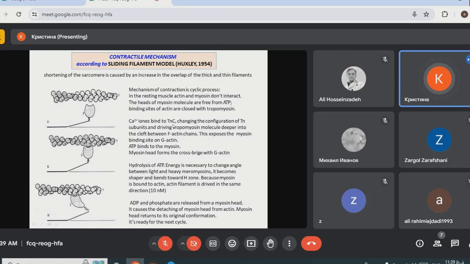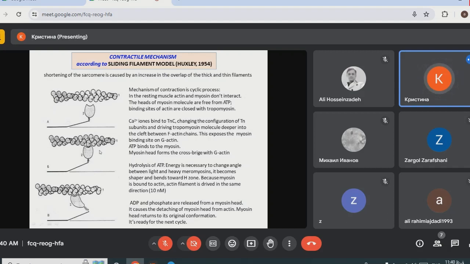Calcium ions will bind to troponin C. It changes the configuration of troponin subunits, and the tropomyosin molecule releases the actin binding site which binds to myosin, and this allows the head of myosin to attach to actin.